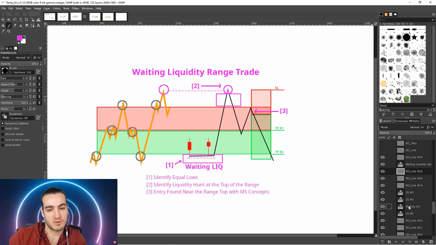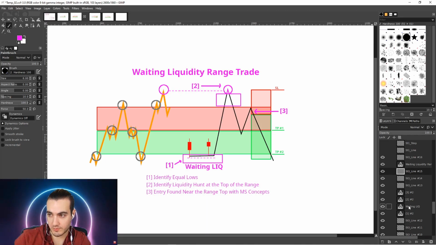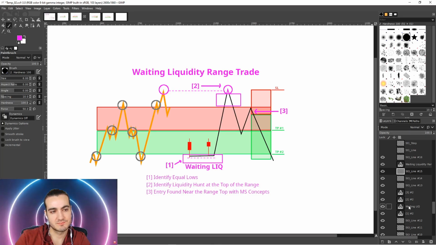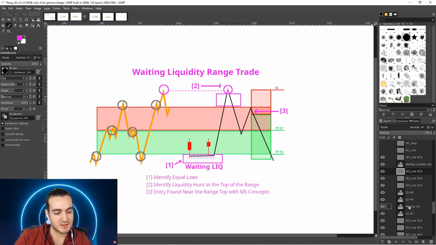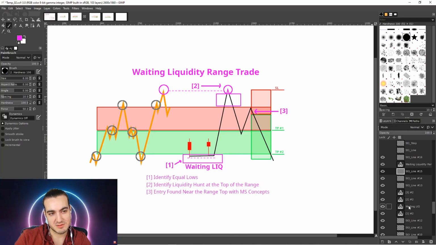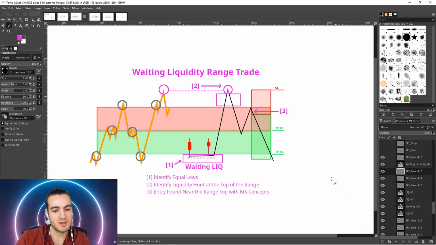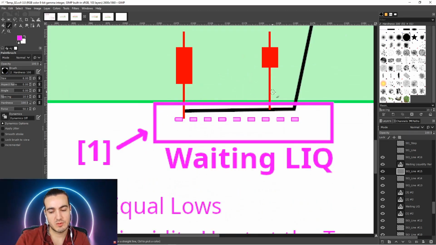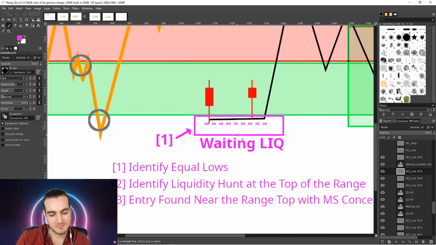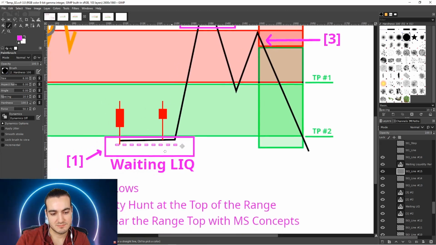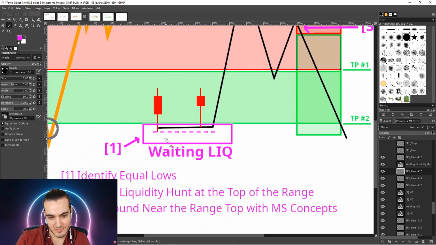Okay, for his fourth range setup, he keeps it pretty basic. We're really just looking for waiting liquidity in the form of equal lows, which would give us our final price target.